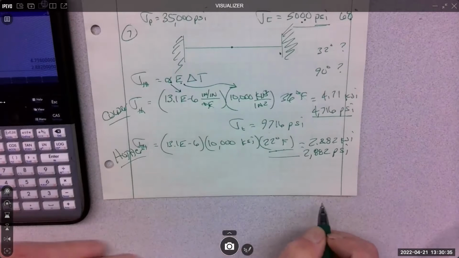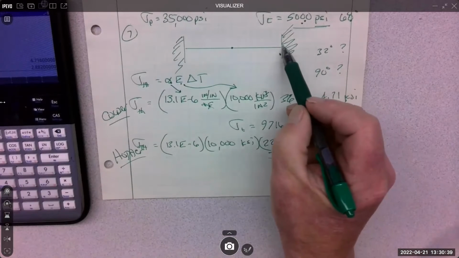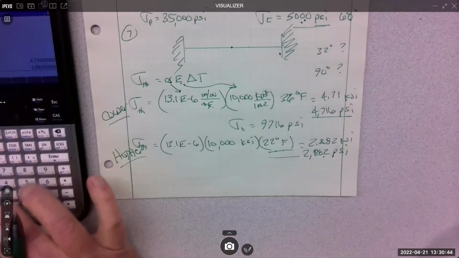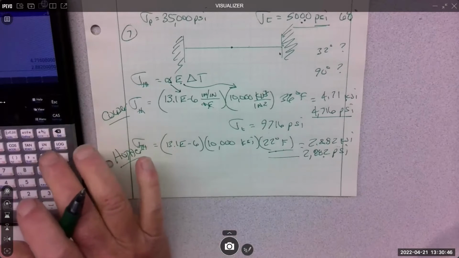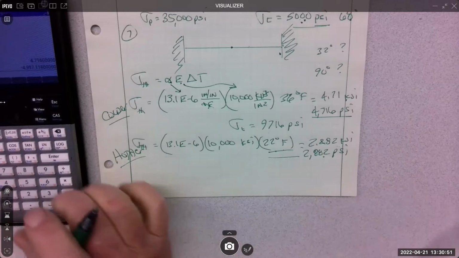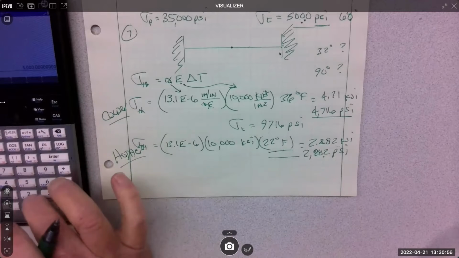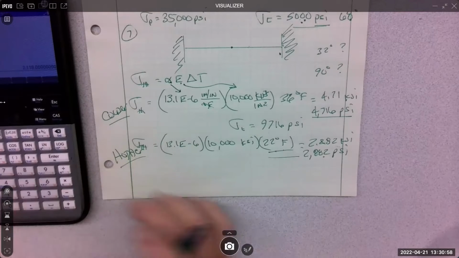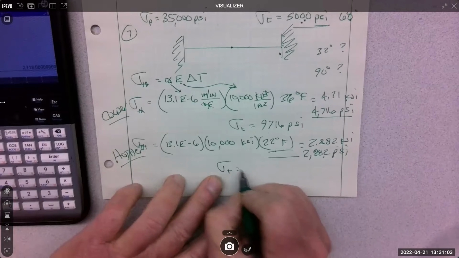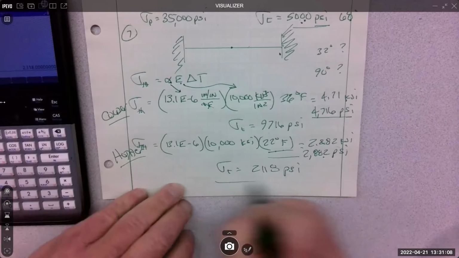We would take that away from the 5,000, because this is expansion and this is tensile stress. The tensile stress is 2,118 PSI.